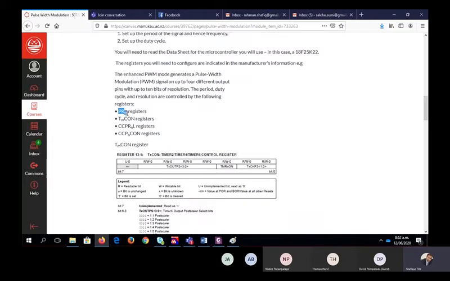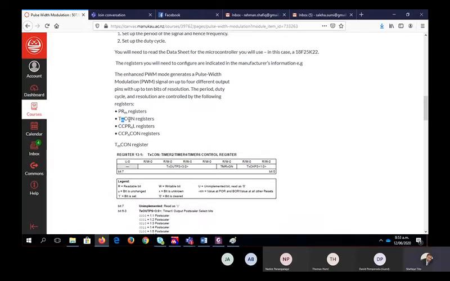So in order to generate a pulse, I need 2 parameters. One is the period, another is the duty cycle. So period is related to the time. So time means I need to use a timer. So that means this period has to be related with the timer.